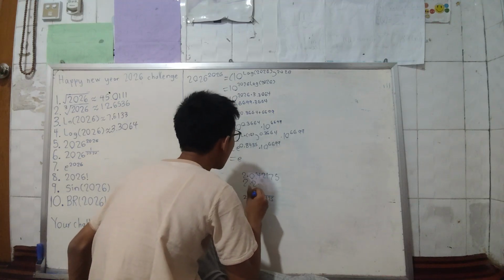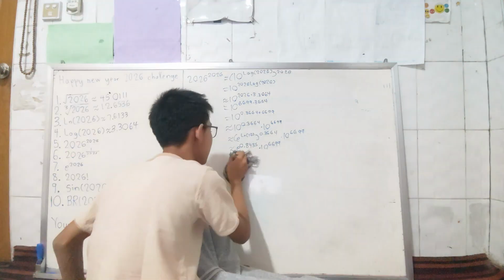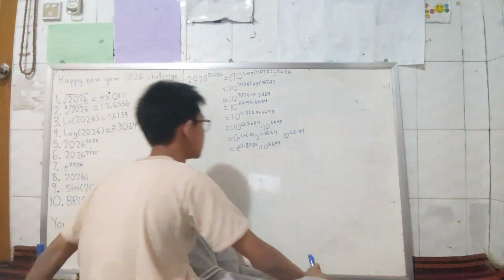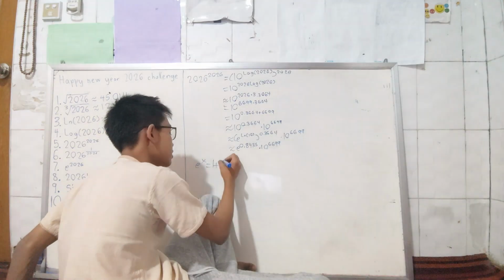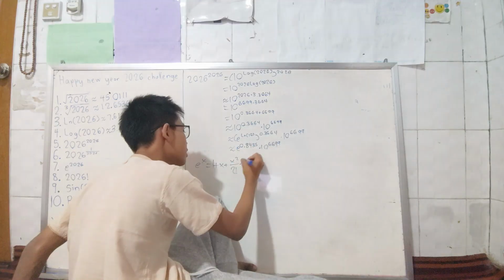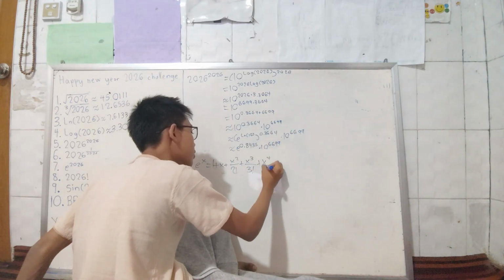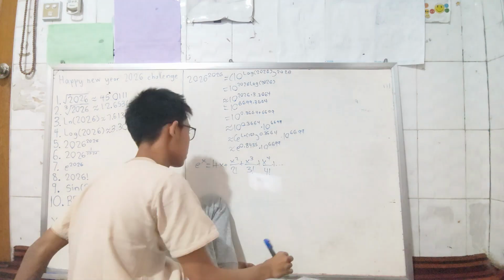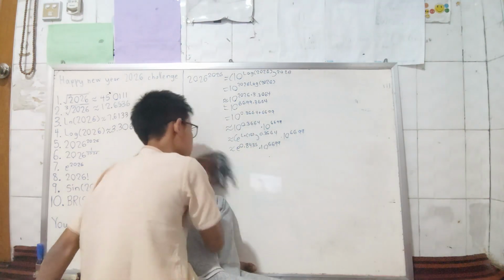Oh! I forgot something. We can use the Taylor series. We could have just used the Taylor series for e to the x. So e to the x, the Taylor series is 1 plus x plus x squared over 2 factorial plus x cubed over 3 factorial, x to the 4 over 4 factorial, plus and so on. So let's just calculate it anyway.